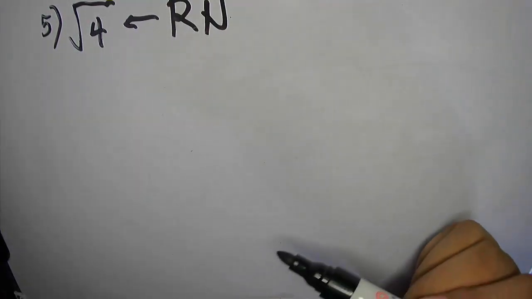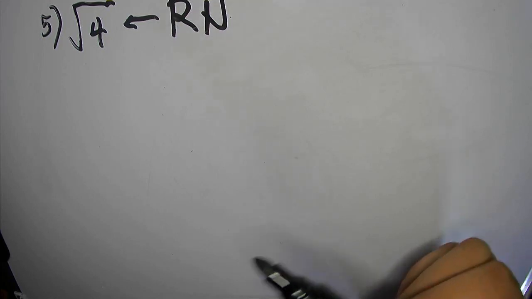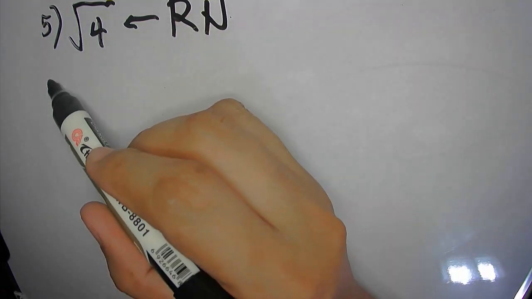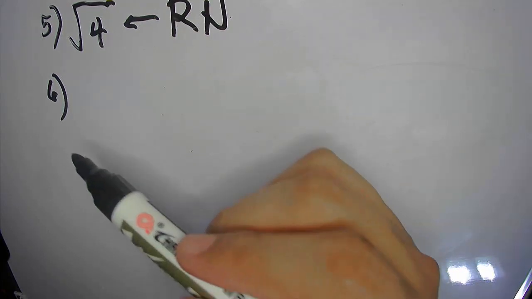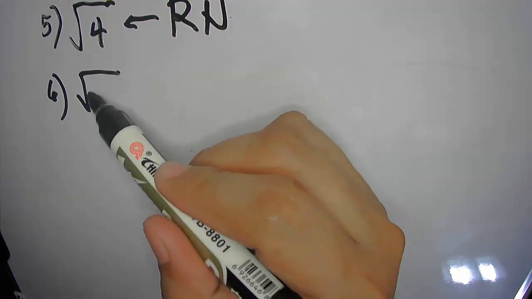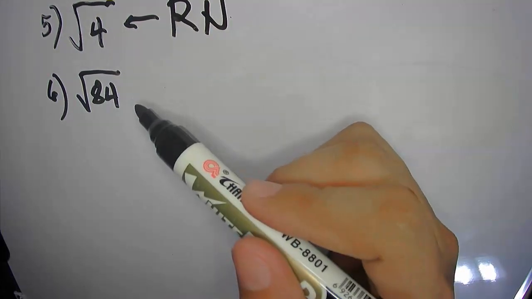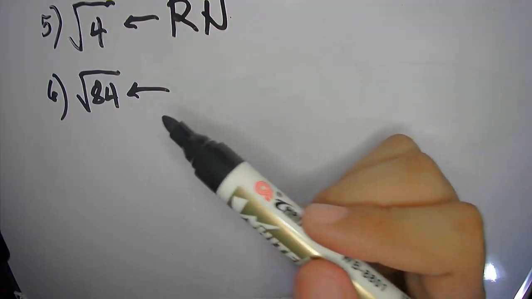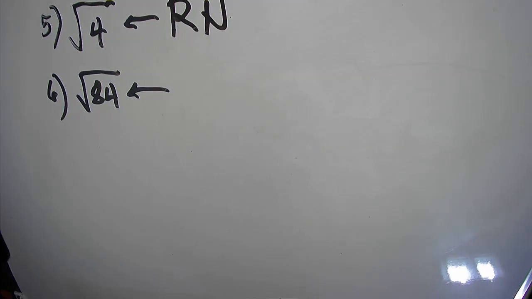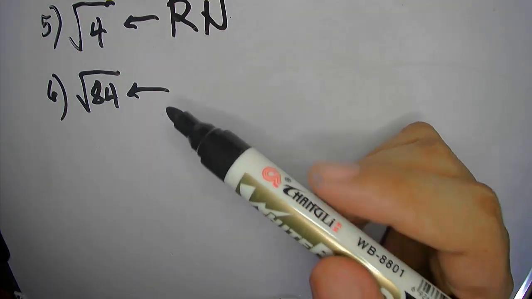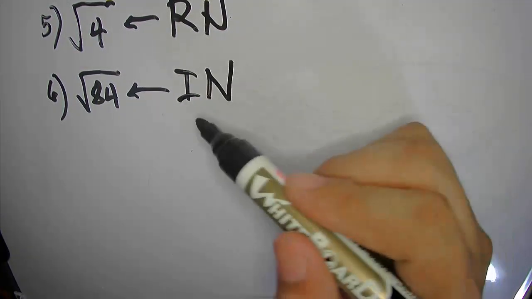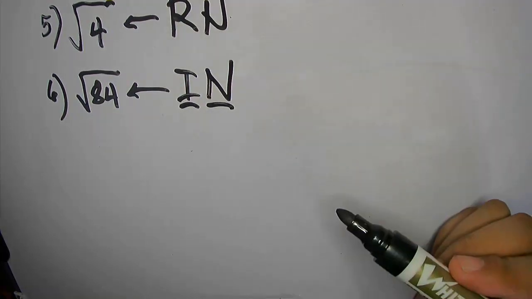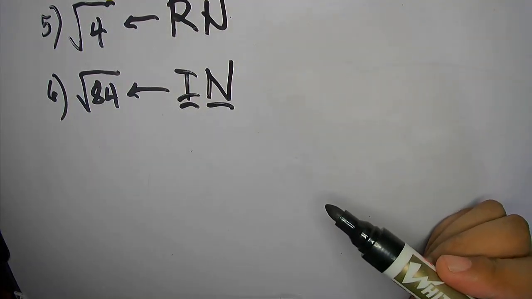Okay, so let's have number 6. Square root of 84. Ito ba ay rational or irrational number? So, ang square root of 84 ay irrational number.